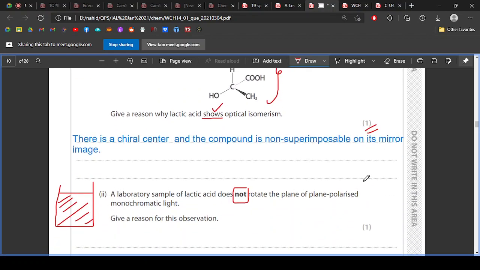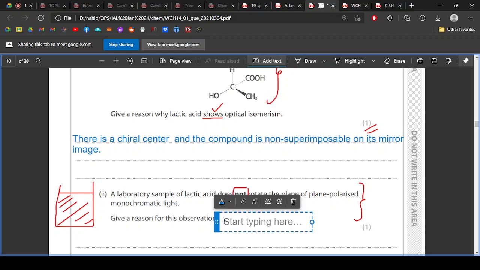But in this part, they're telling me that apparently there is a sample of lactic acid which is not rotating the light. Would you like to guess the answer? Any suggestions? Why would it be that even though lactic acid itself is an optically active compound? We know that compounds which can rotate light are said to be optically active, right?